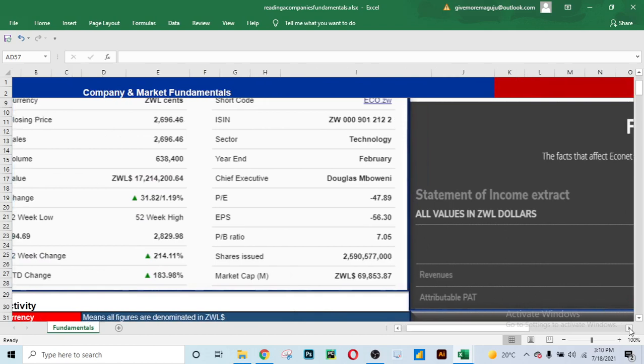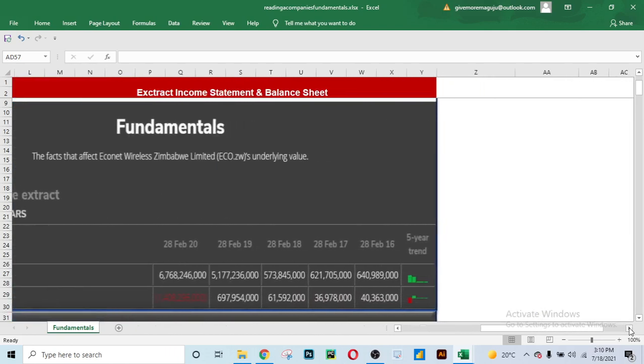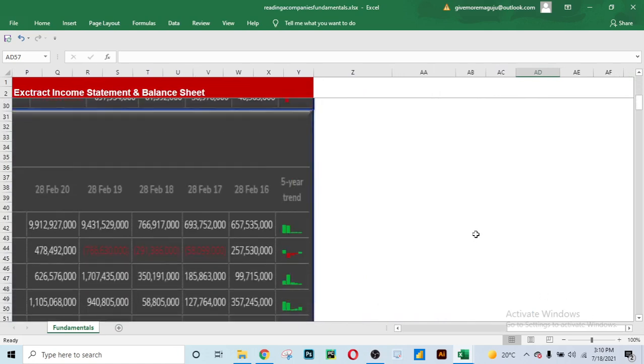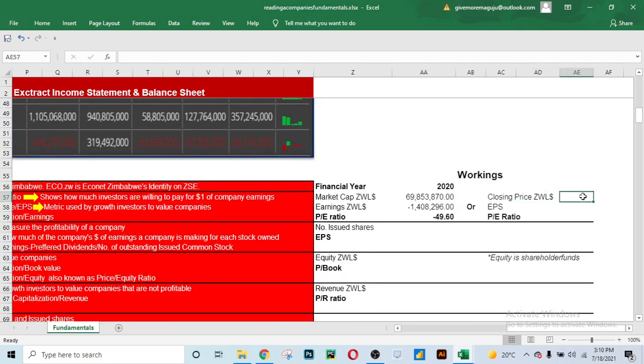Okay, so 2696.46, hope I won't forget. So let's put here the figure for current share price, 2696.46. Here it should be negative 54.30. I'm not sure.